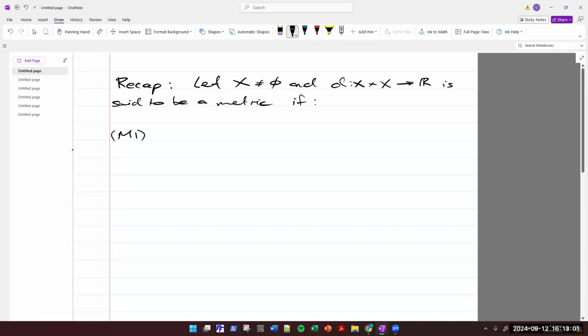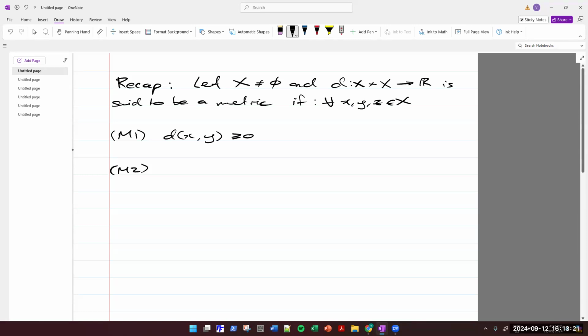The first one is that, if for any X, Y, and Z in the space X, we have these properties. The first one is that the distance between any 2 points is non-negative.